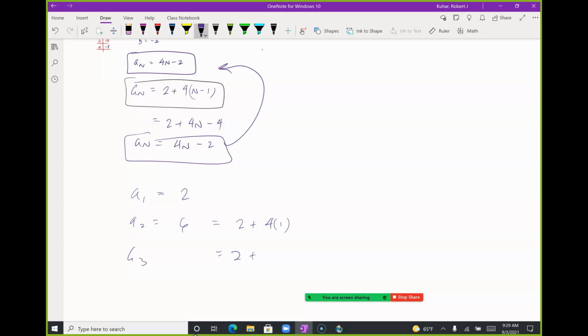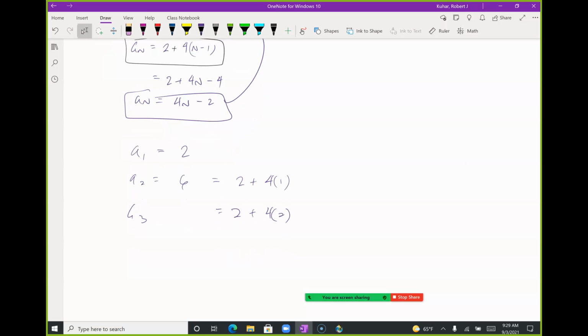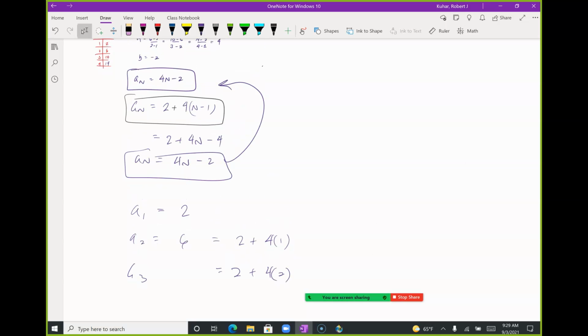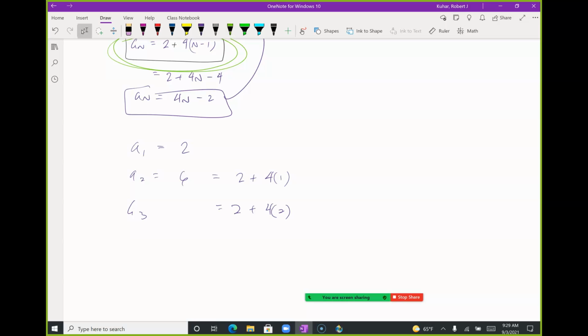It's 2 plus 4 times the 2, right? So I'm trying to think of this recursively. I'm always going to refer to my next term using only previous terms, right? So I could say that a sub n is a sub 1 plus d times n minus 1.